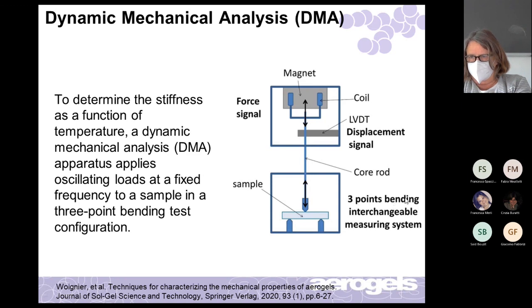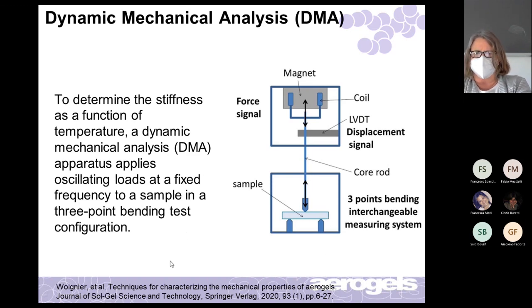But 3-point bending is you have a sample, it is supported at the two ends, and you apply a force here. And so in a dynamic mechanical analysis system, you simply push, release, push, release, push, release. And you can measure that signal to get some information about a sample. And they do this on aerogel samples.